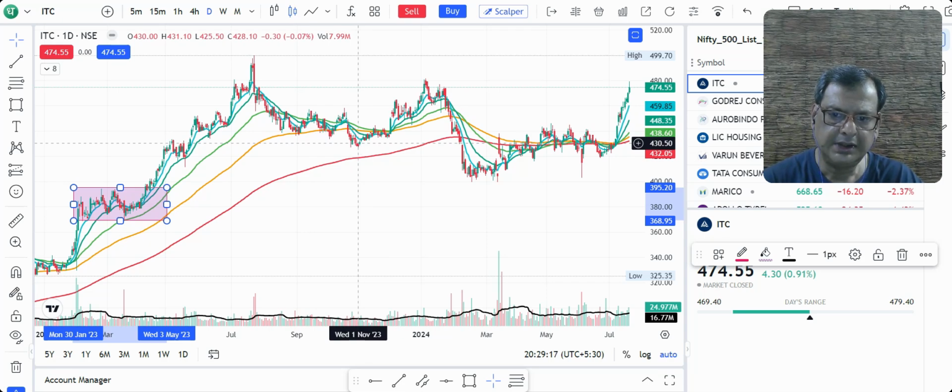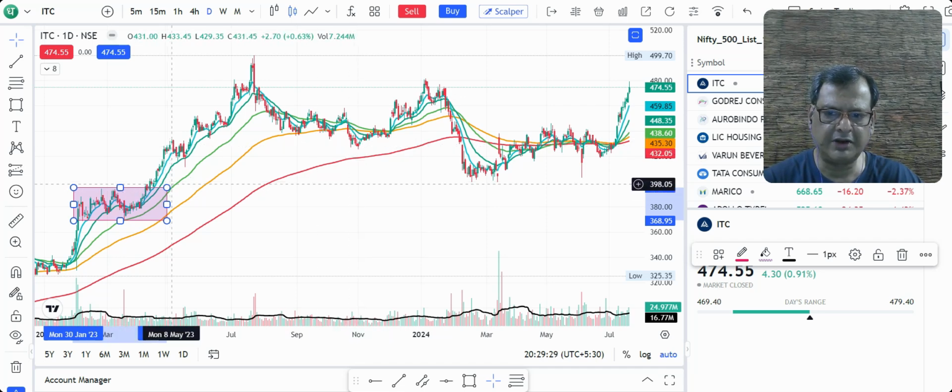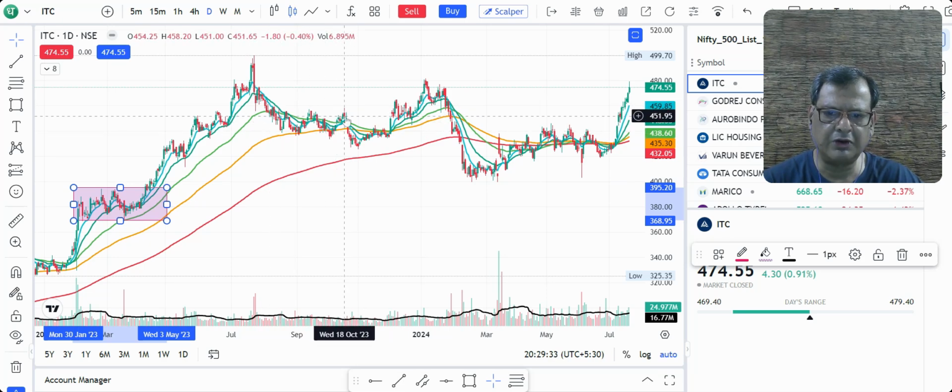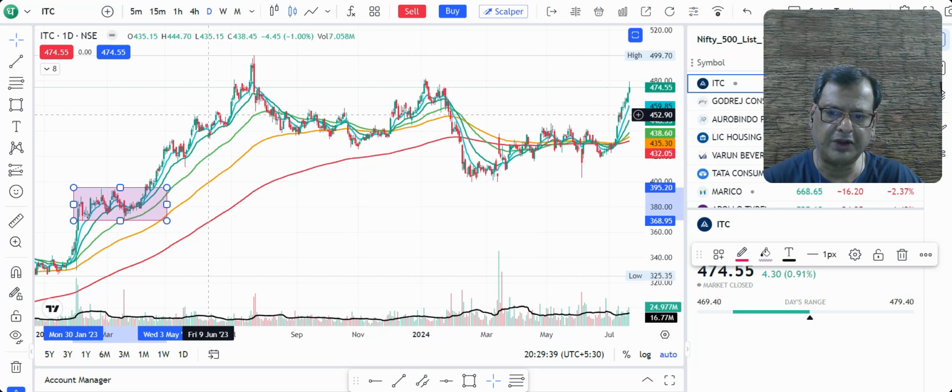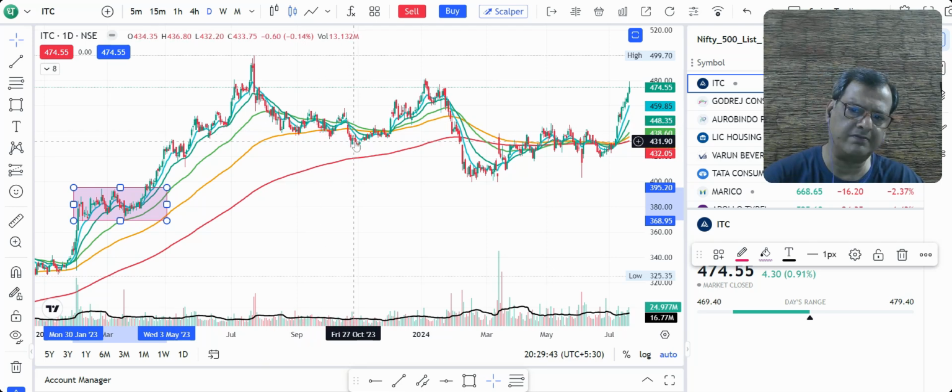For investors or traders who had medium to long-term positions, I don't know where they got in, but if they got in here, they would have gotten out earlier. If 100 was their breaking point, they would have gotten out here and made some profits. But if you waited this time, you would have lost a lot of money.